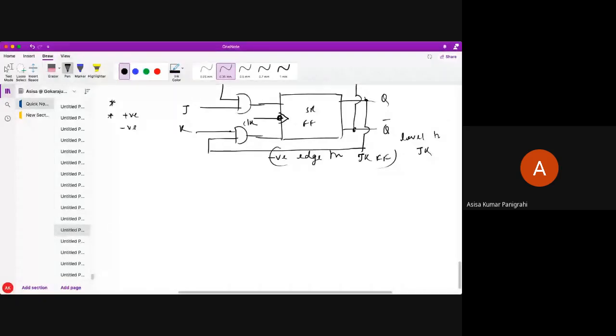In the positive edge trigger, a flip-flop changes its output if there is any change in the input at the positive edge only. I will tell you more in the timing diagram, don't worry. So I'm just going to explain now a very important part, which is the timing diagram of the JK flip-flop.